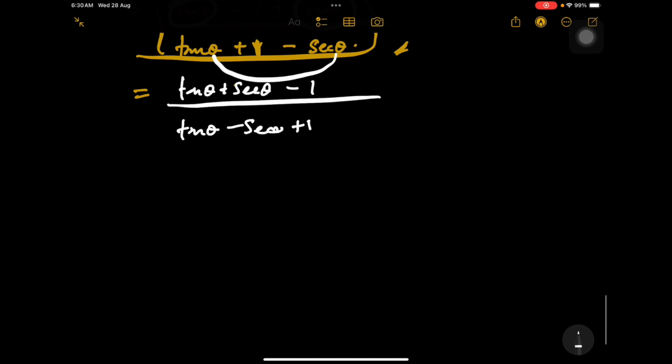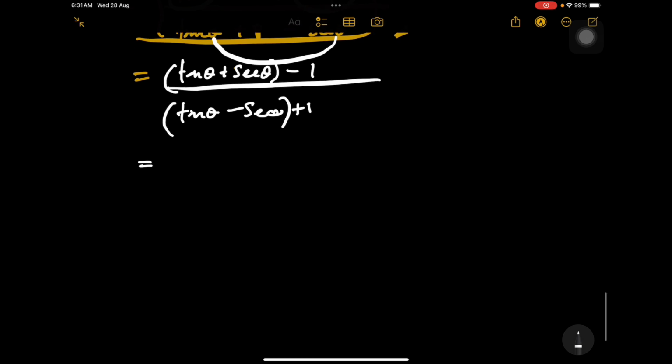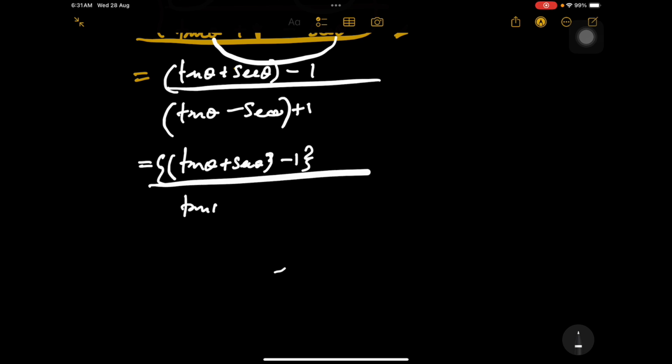That's it. Why? Because I'm going to adjust this equation to create something on the bottom that is demanded in the RHS. So tan theta plus sec theta minus 1 on the top, and on the bottom, tan theta minus sec theta plus 1.